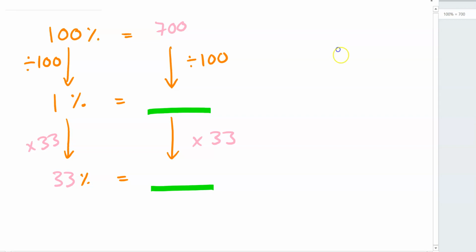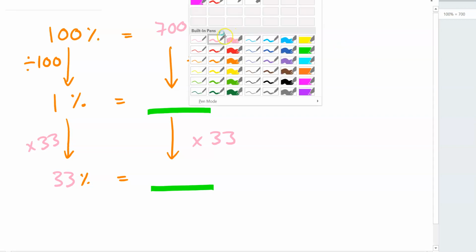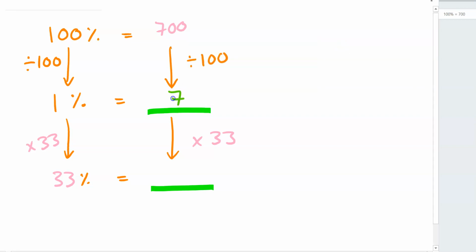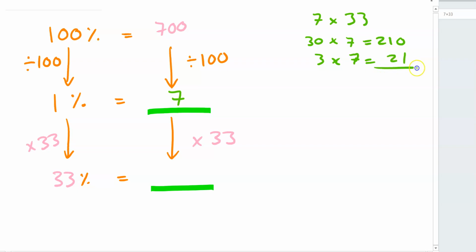Now calculations: 700 divided by 100 is 7. So I need to do 7 times 33. I do 30 times 7 and 3 times 7. 30 times 7 is 210. 3 times 7 is 21. Add them together is 231.